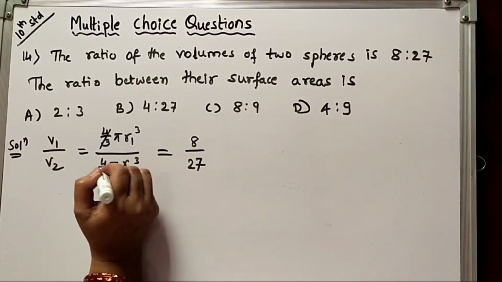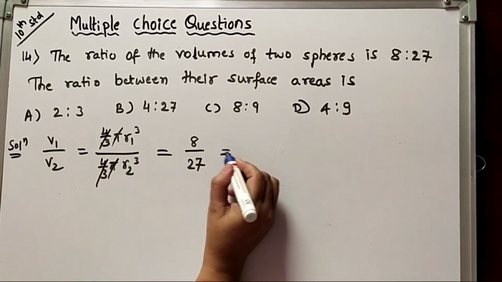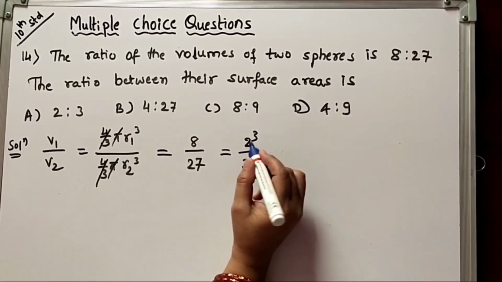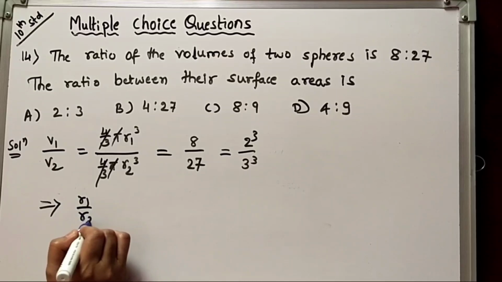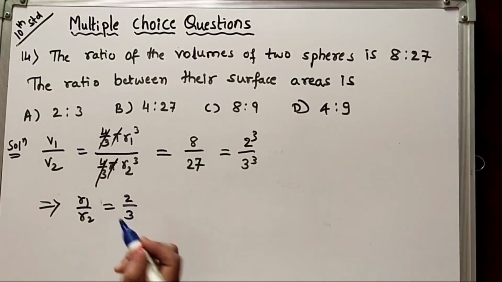Pi and pi get cancelled, so this can be written as 2 cube divided by 3 cube, which implies r1 by r2 is equal to 2/3.